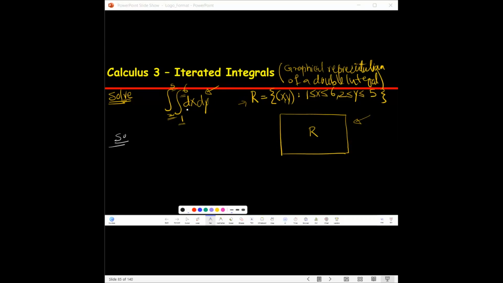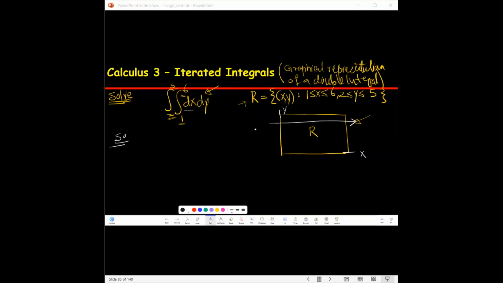So if it's dx first, I'm going to start making this. So this is my y axis and this is my x axis. When I'm solving with dx, my y is constant. So y is constant means the line should be like this.